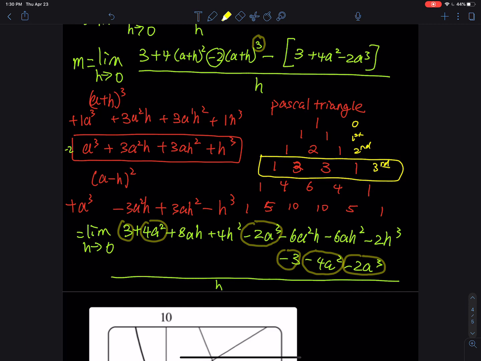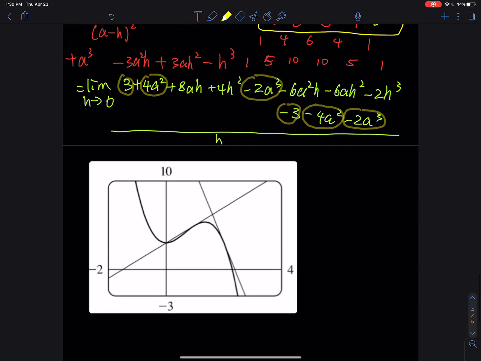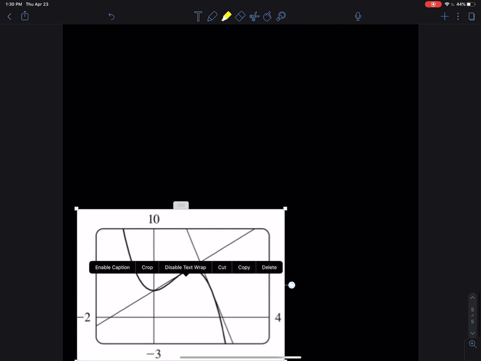Now, before you move on to write the next line, look at the rest of the terms. You cannot simplify any one of them, right? But take a closer look. Each term has an h stuck to it, right? And I want to get rid of the h in the denominator. Therefore, I want you to factor out an h. So this is for the next step.